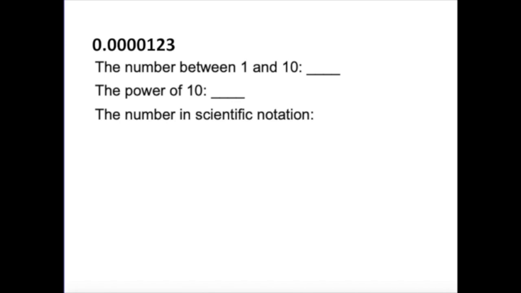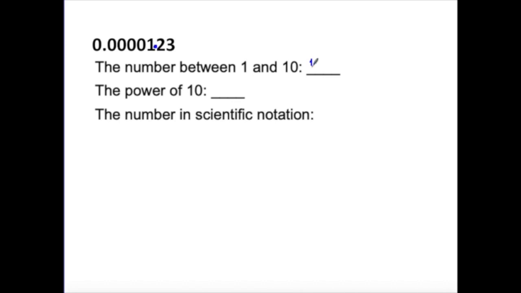Again, here we have a very, very small number. And so we need to think about what is the number that is between 1 and 10. So as I think about this number right here, here's the decimal, and I've got to move it back so that my number between 1 and 10 is right here at 1.23.